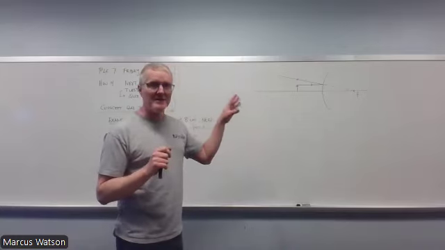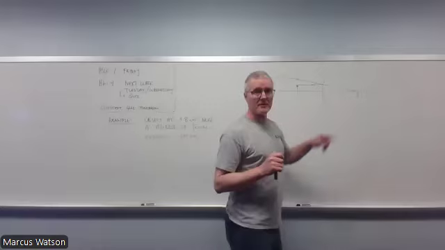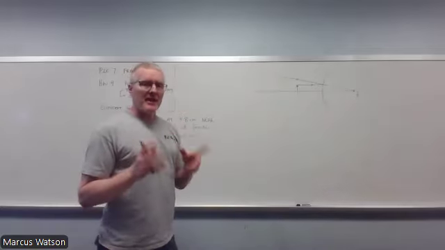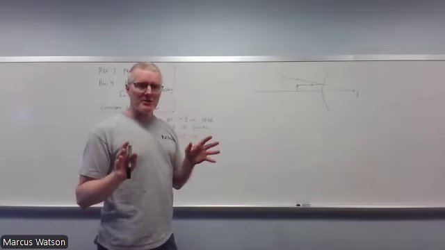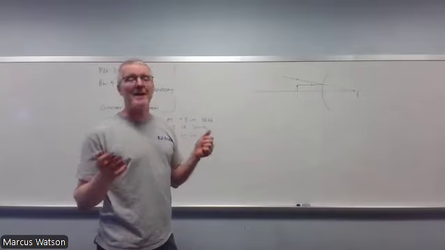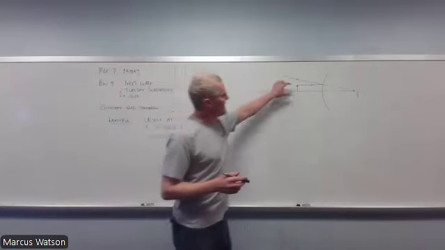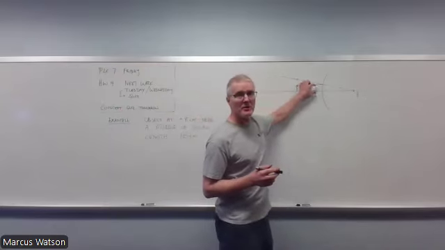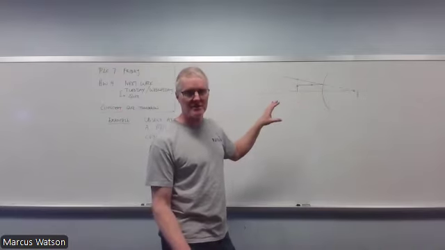The reason to put in the dashed line on this side of the drawing is because, think about for a minute, if I wanted to ask you a question about what happens to the image when I move the object. Question, if I take this object and I scoot it closer to the mirror, what about this ray has changed?